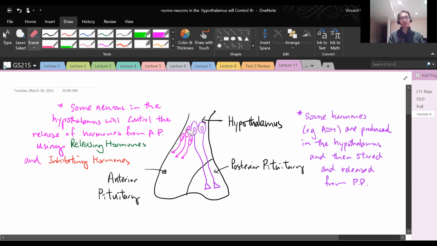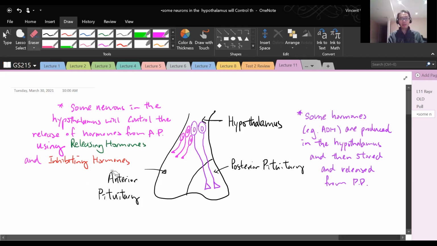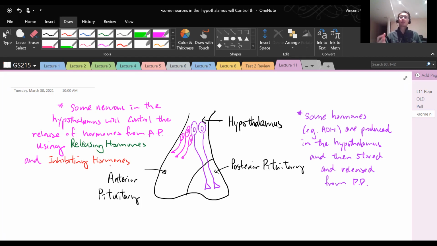If the hypothalamus releases a releasing hormone, that's a green light. That tells the anterior pituitary gland to go ahead and release a particular hormone. If the hypothalamus releases an inhibiting hormone, that's a red light. It tells the anterior pituitary gland to stop secreting a particular hormone.